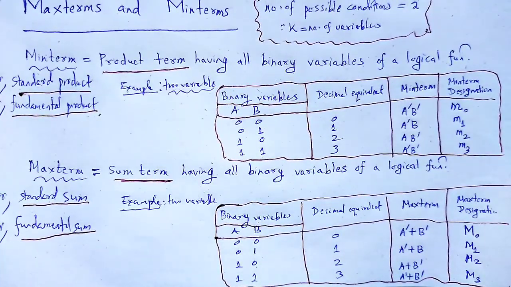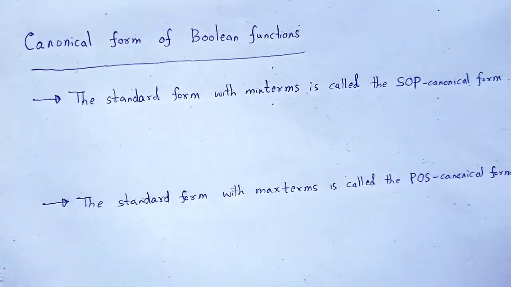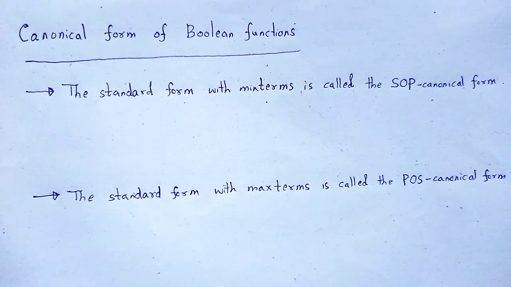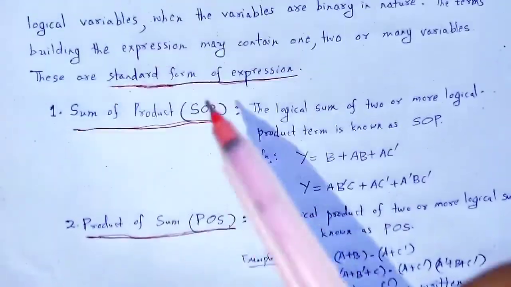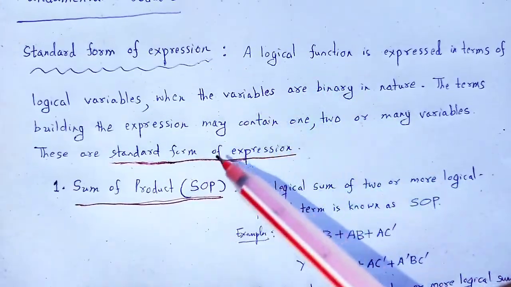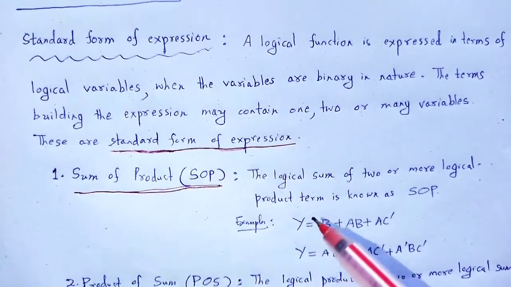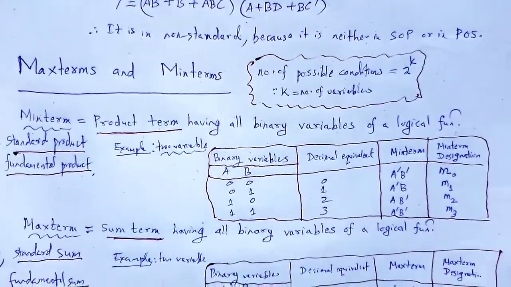Next, canonical form of Boolean functions. What is canonical form? Here we discuss the standard form of any expression, if it is written in sum of product or product of sum.